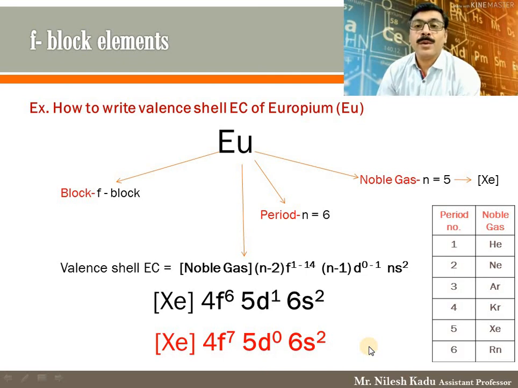So here we have to complete 3 types of electronic configuration. First we have completed the shell electronic configuration. Second we have completed the complete electronic configuration, and third is the valence shell electronic configuration. In this way you can write the electronic configuration.